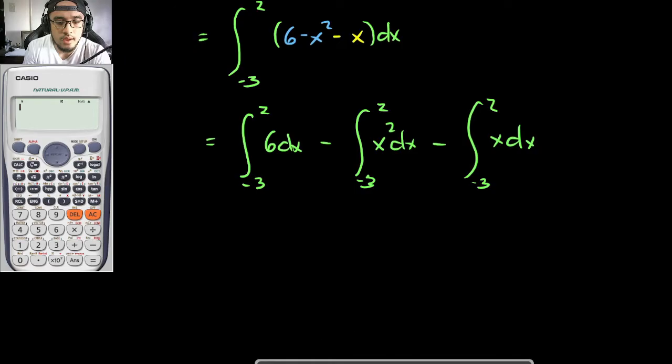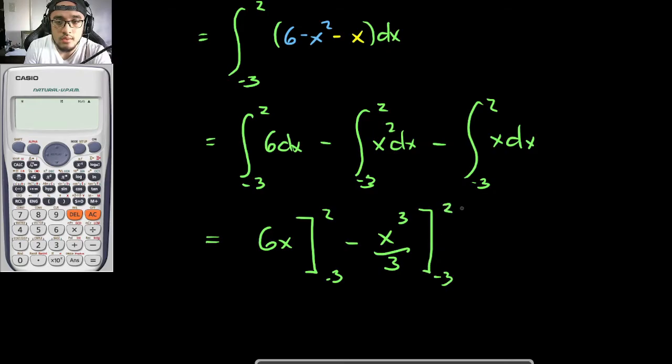From that, this is now equal to 6x minus the integral of x squared, which is x cubed over 3, minus the integral of x dx, which is x squared over 2.